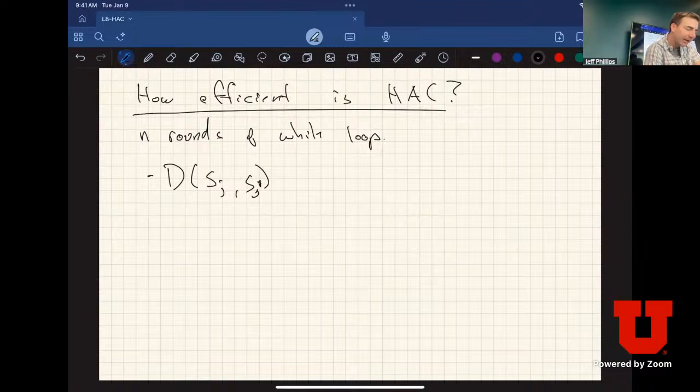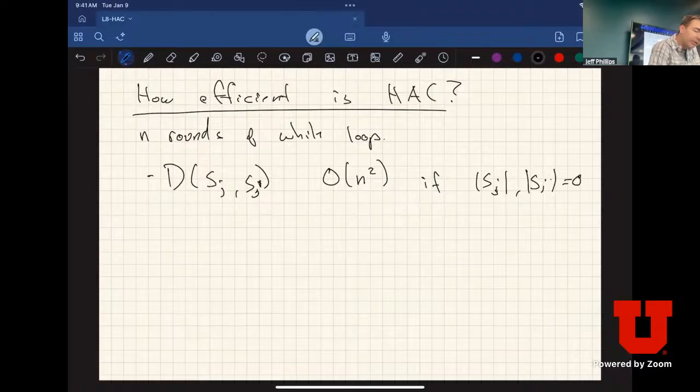This computation might take O of n squared time if both the size of Sj and Sj prime equal O of n, right? That's the only bound that I have on this. And I may need to compute n squared of these.